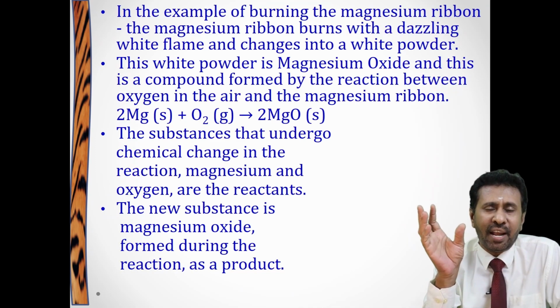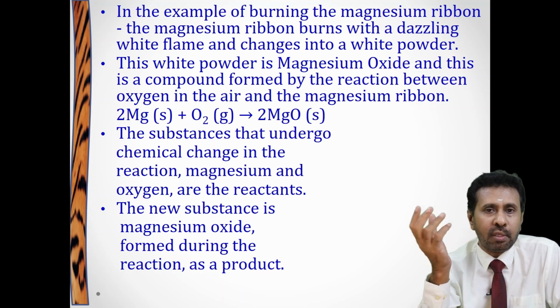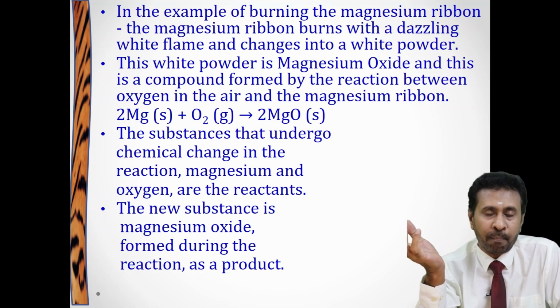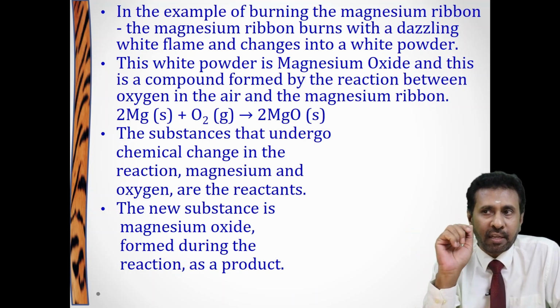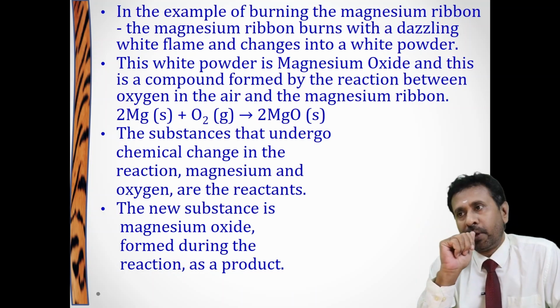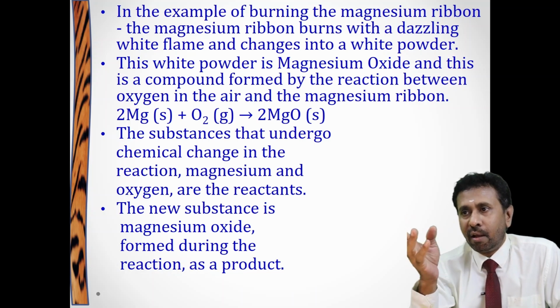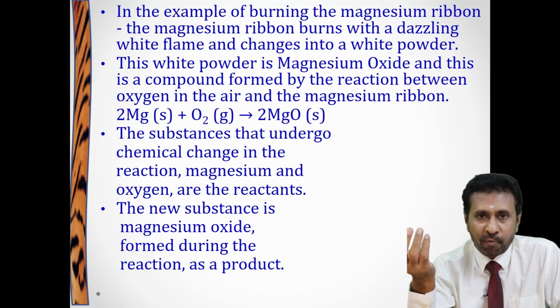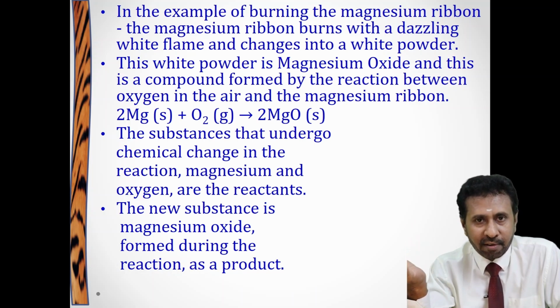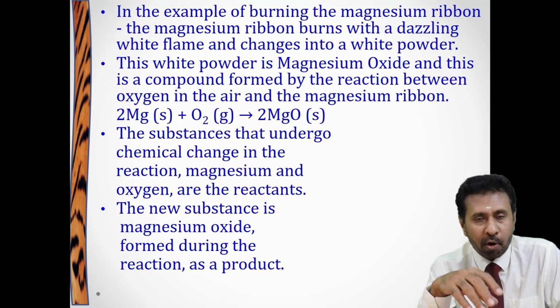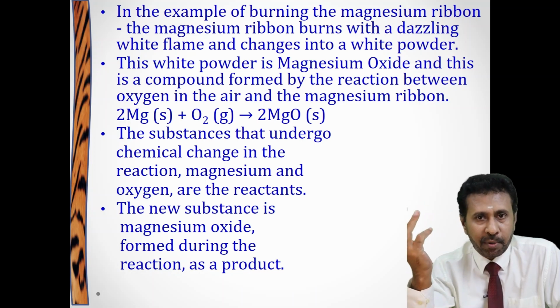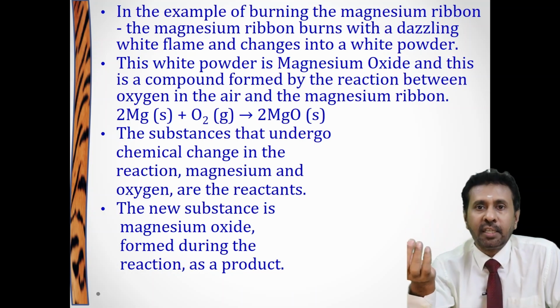This reaction is something we need to remember, because we are going to use it for future reference also. The reaction is 2Mg + O2 gives 2MgO. The substances that undergo the chemical changes in the reaction, magnesium and oxygen, are called the reactants, because it is only the reactants that react with each other and form the product. So here the reactants are magnesium and oxygen, and the product is magnesium oxide.